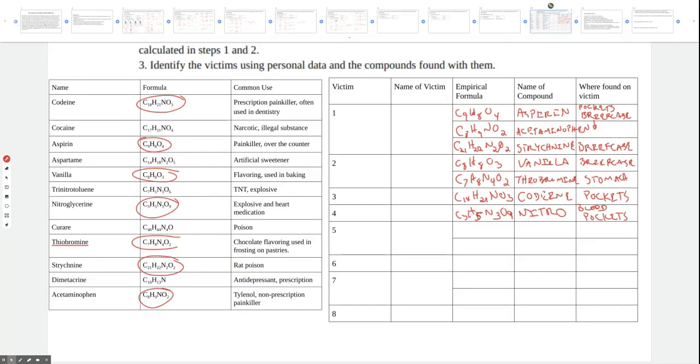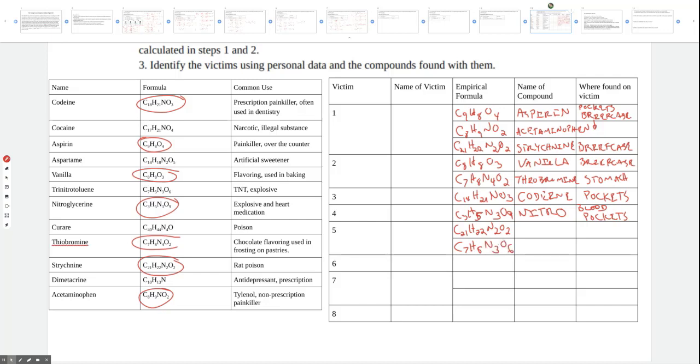All right, let's fill in that victim on the table. Two compounds. First one was C21H22N2O2. And the second one was C7H5N3O6.